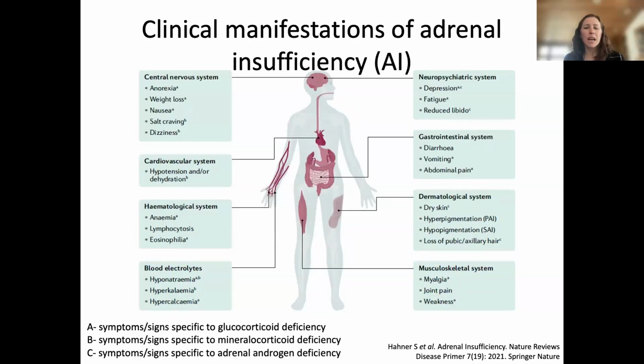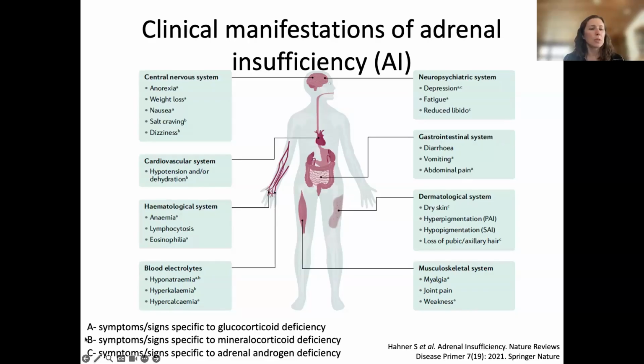This is important because the signs and symptoms of adrenal insufficiency are often nonspecific, which can lead to delays in the diagnosis. This figure goes through symptoms and signs of adrenal insufficiency, or AI, that occur throughout multiple organ systems, including the central nervous system, cardiovascular system, hematologic system, electrolytes, neuropsychiatric system, GI, dermatologic, and musculoskeletal.